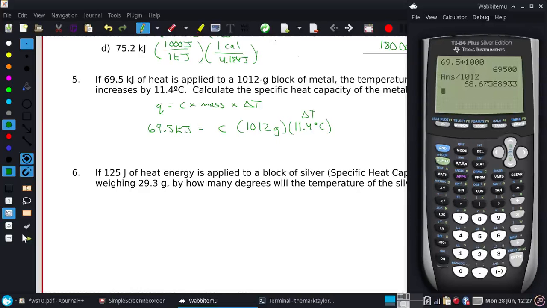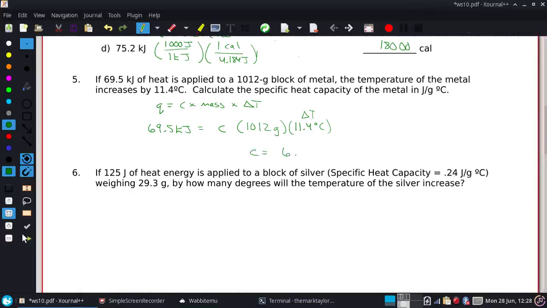And then I'll also divide by the temperature change. And we get that this specific heat is 6.02. I just have 3 significant figures, so 6.02 joules per gram degrees Celsius.